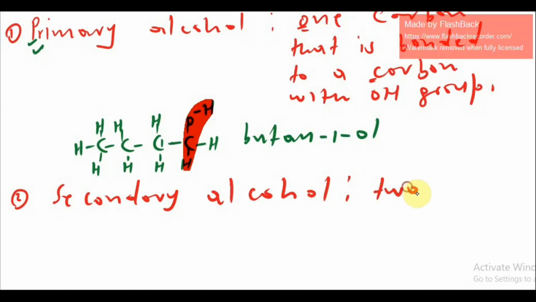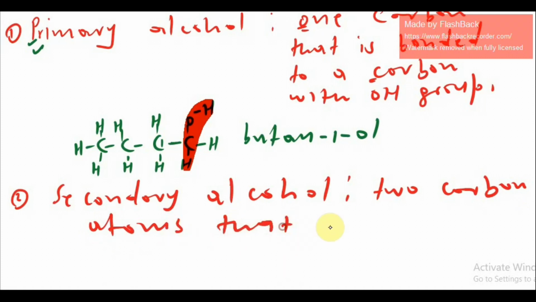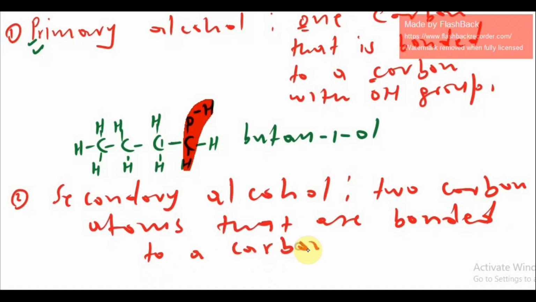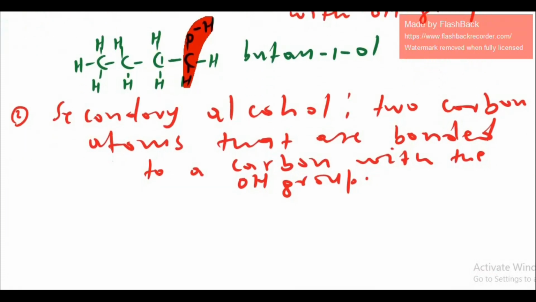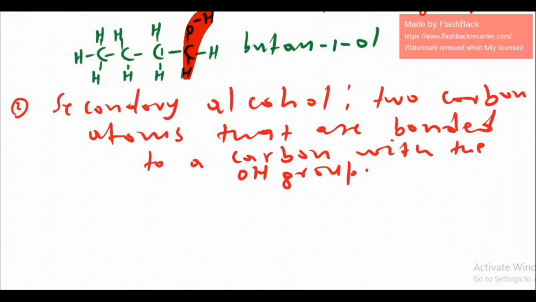There are only two carbon atoms that are bonded to a carbon with the OH group, with the hydroxyl group, right? So here there are two carbon atoms that must bond to a carbon with OH group. That is the secondary alcohol.